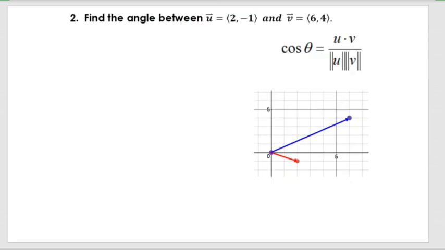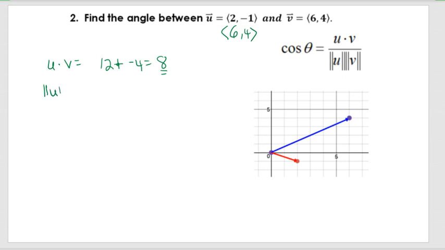All right, so now we have one in quadrant 1 and 4. We're going to do it the same way. I like to have my numbers grouped together. It makes me work faster. And since you're having to listen to me, I'm going to work faster. So u dot v is going to be 12 plus, my bad, negative 4, which is going to give me 8.